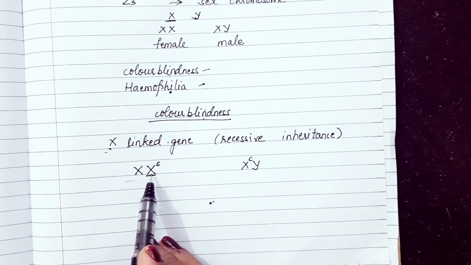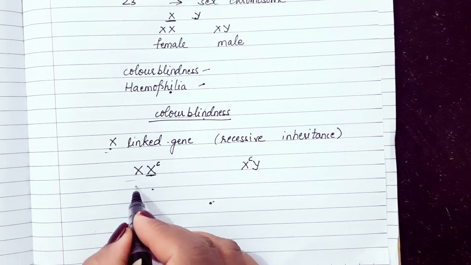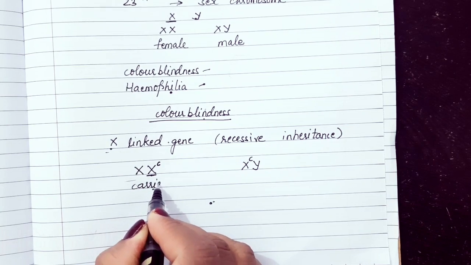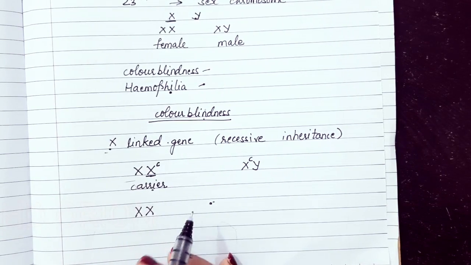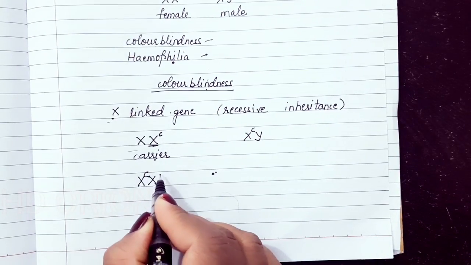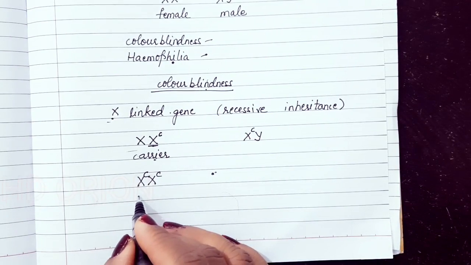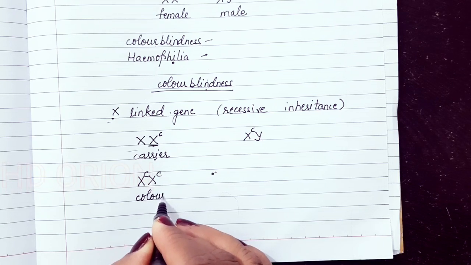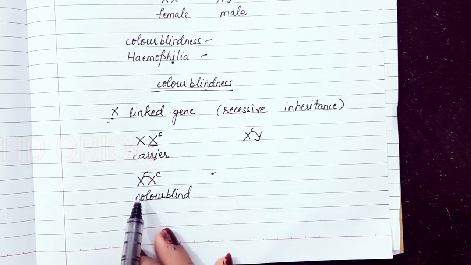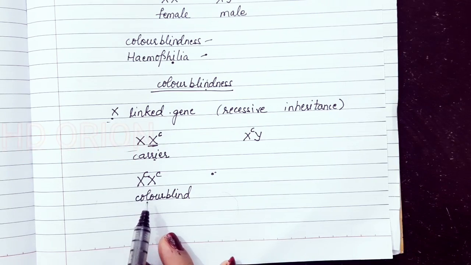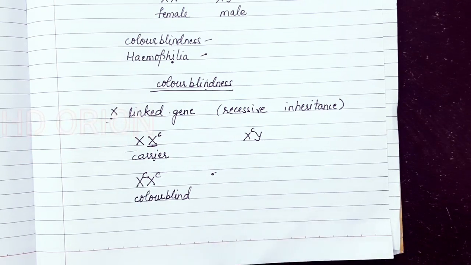So usually a heterozygous female is only called a carrier. If it was in both the chromosomes, only then would a female be called colorblind. So the possibility for a female to be colorblind is less than for a male.